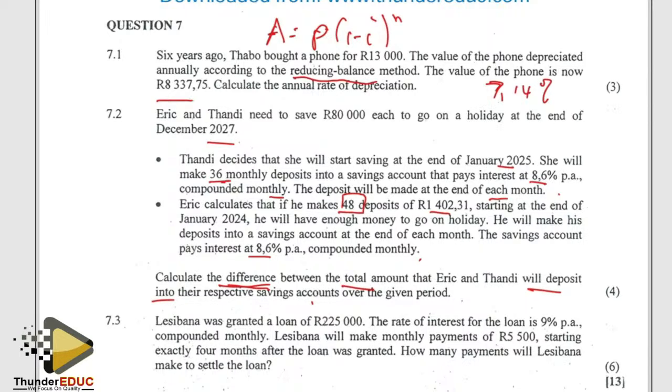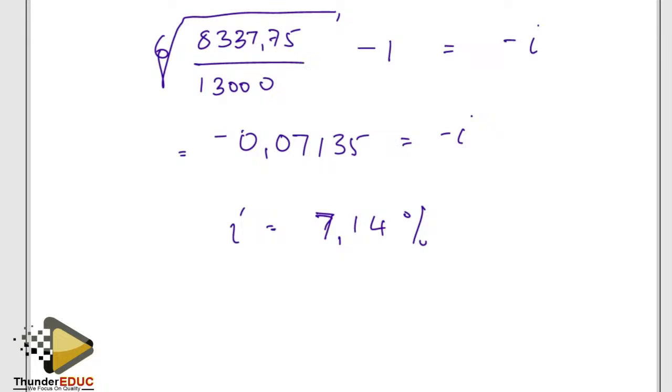So, we can get the total of Eric, which is 1402.31. We multiply it by how many months or deposits? There are 48. We shall get the total. Problem is that we don't know how much Tandy was depositing. So we need to start by getting the x of Tandy.